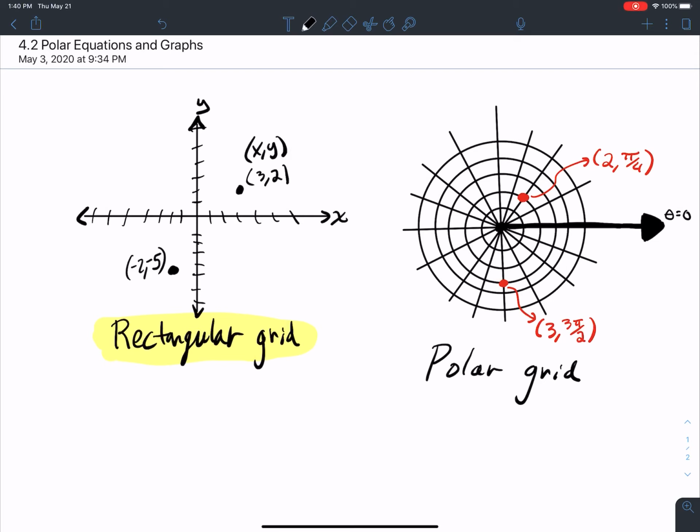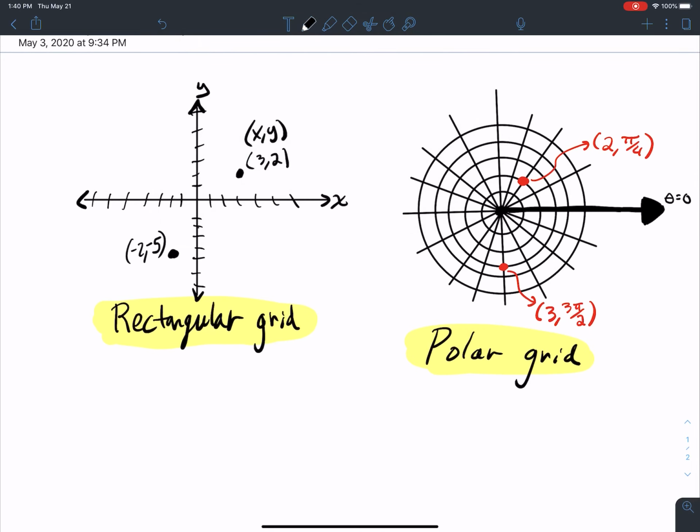And the second is the polar grid, which is r comma theta: how far we travel out from the pole, and then the angle by which we rotate from the polar axis. So in this video, we're going to talk about graphing on the polar grid.